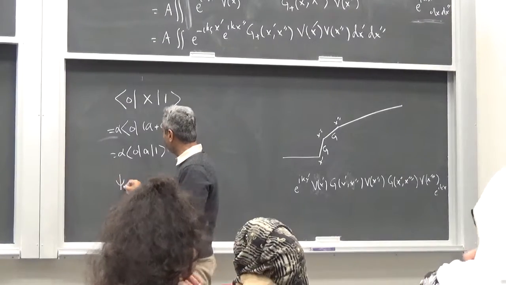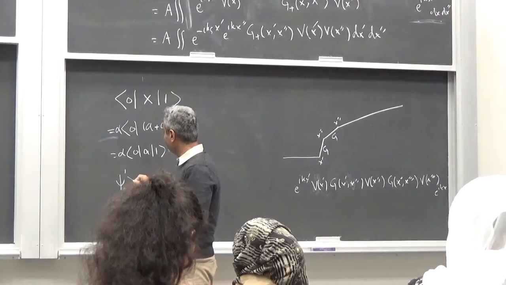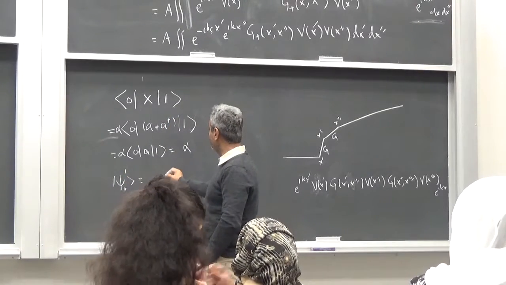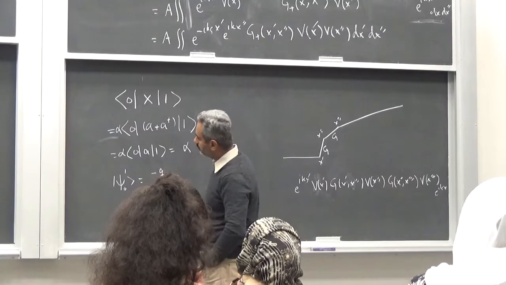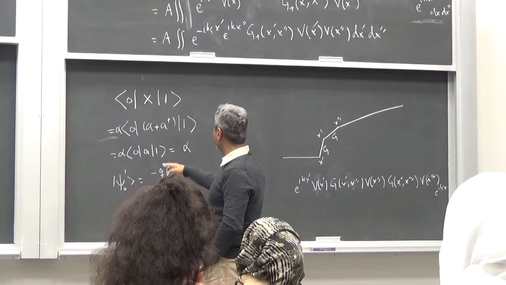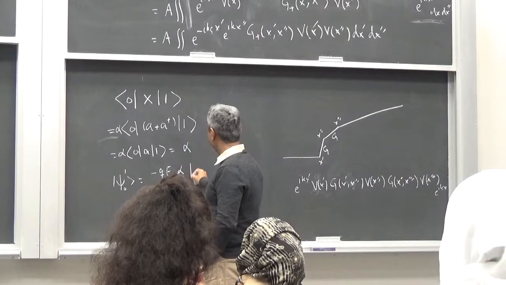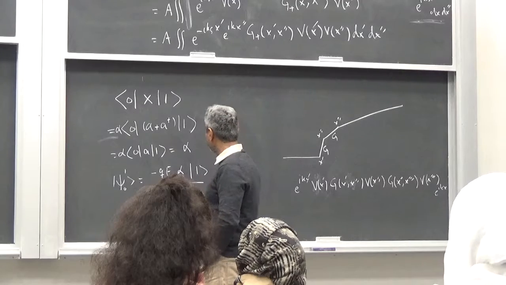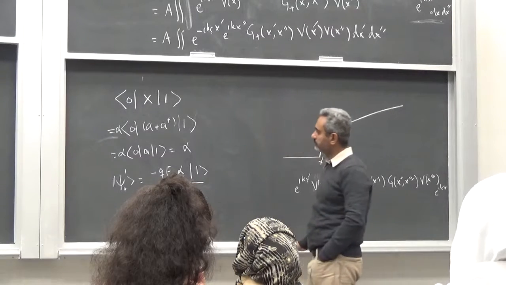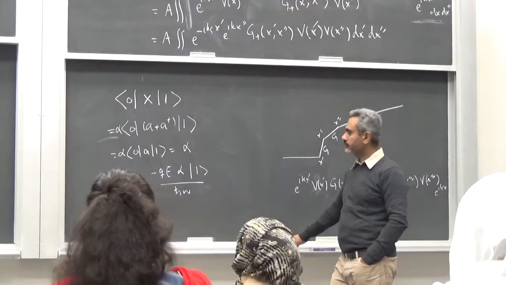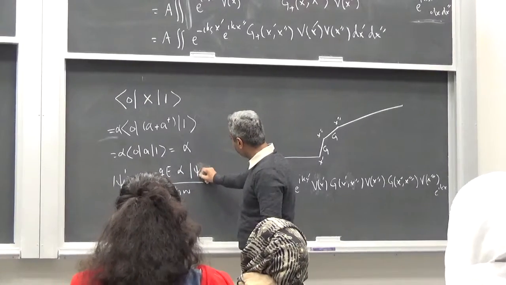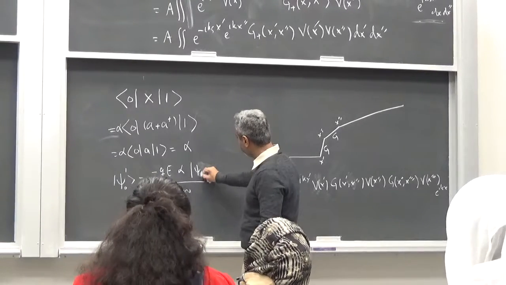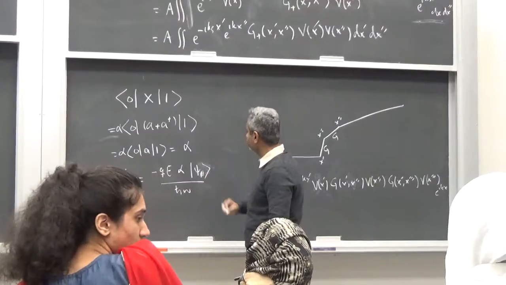So psi 0 of 1, this thing is going to be equal to minus qE alpha over h-bar omega, psi 1 naught.